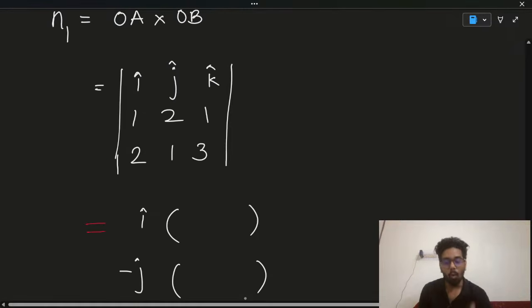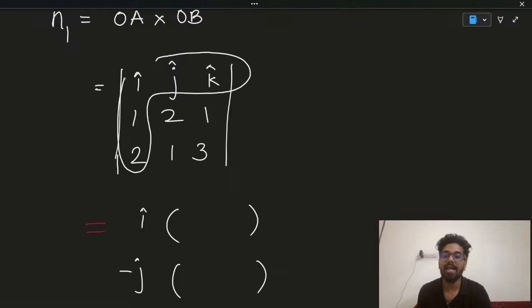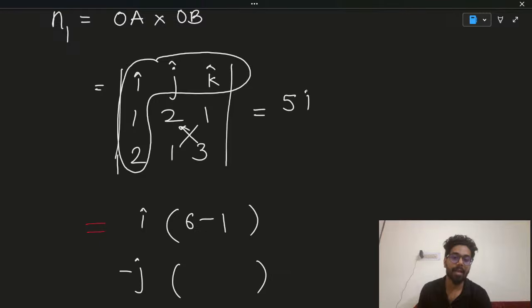When we are calculating for I cap, remove the row and column of I cap and multiply: 2 into 3, 6, minus 5 into 1, 1. So this is 5 I cap.